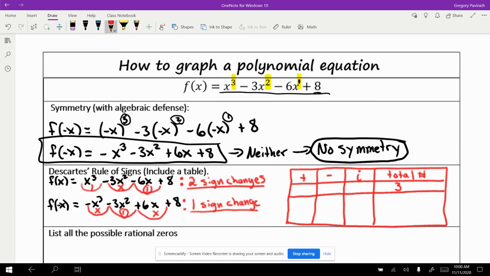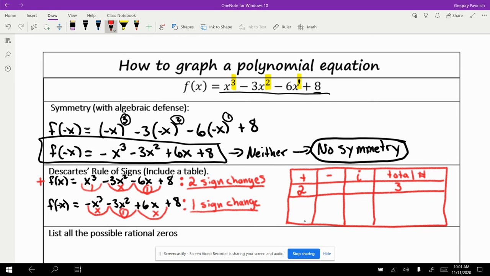I know that didn't make sense right away, but this is what happens. On this first one, where it was the original equation, however many sign changes is your possible number of positive x-intercepts or solutions. So I'm going to write 2.